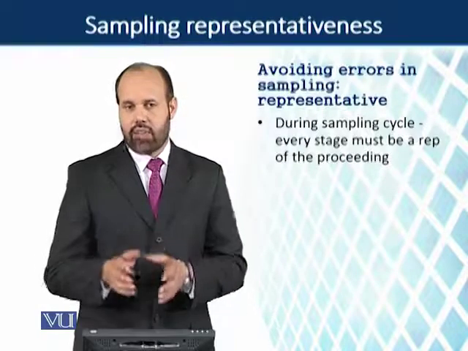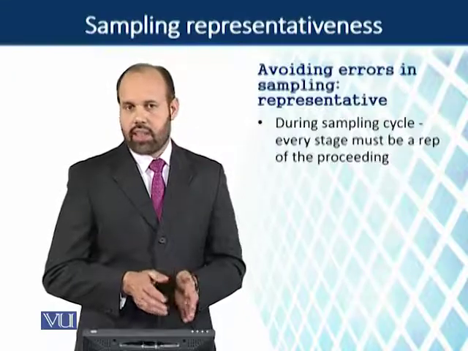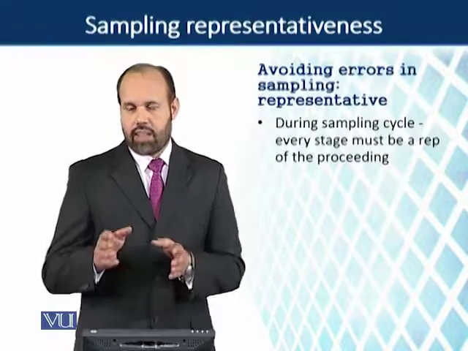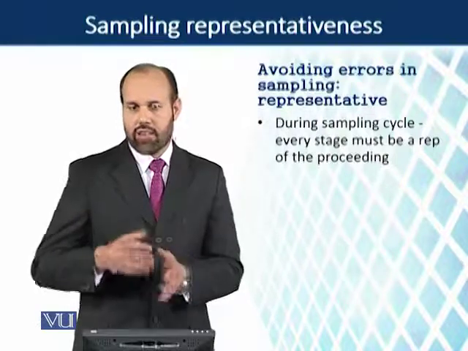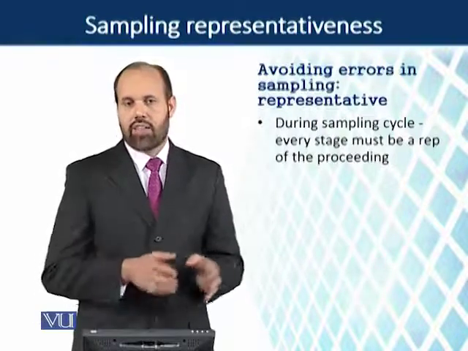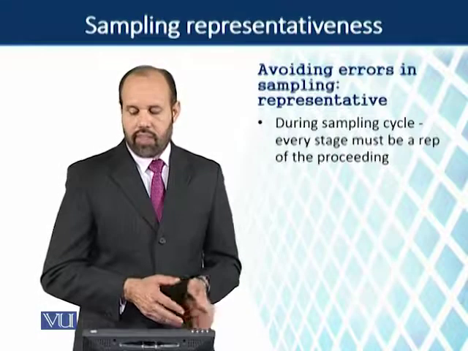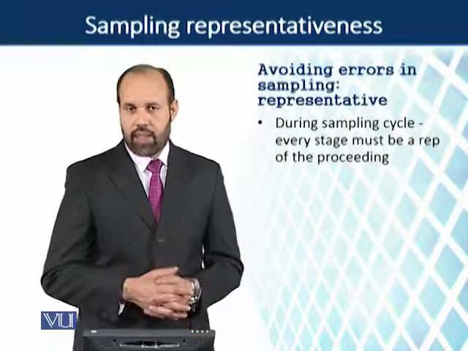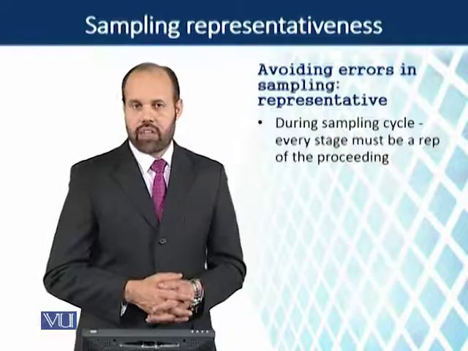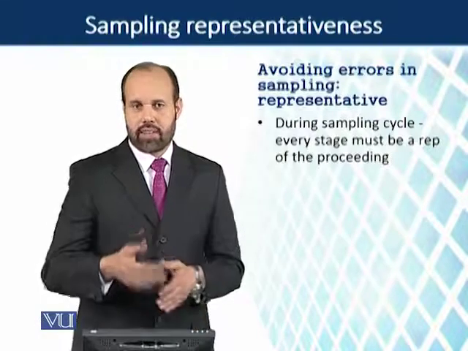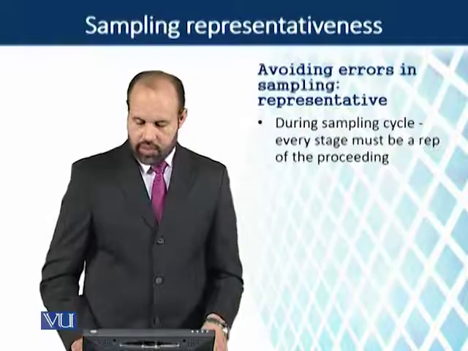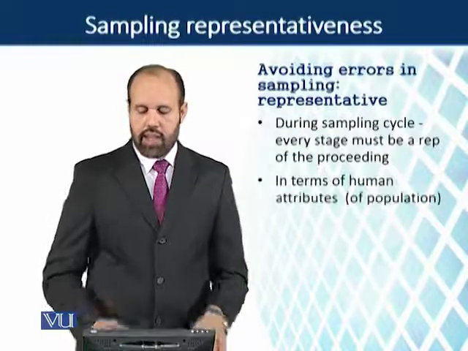And then the data collected from the selected samples, and the interpretation and analysis of the data, are generalizable to the whole population. So that's the point: as a part of our sampling cycle, every stage is based on the previous stage, and it is truly representative of that.